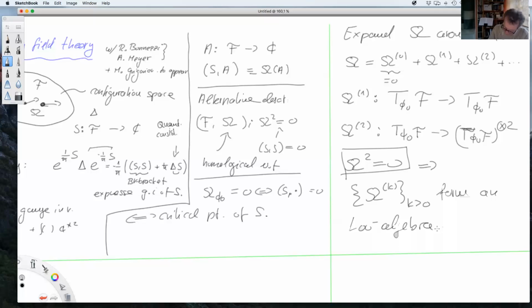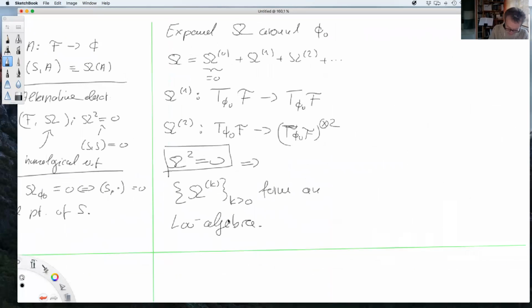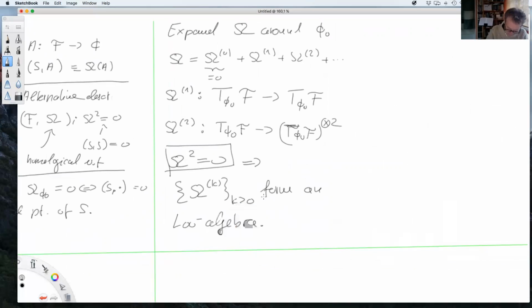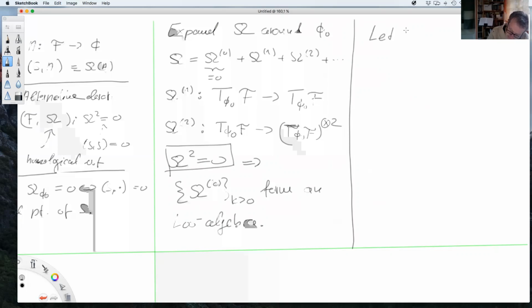Now, we can go a little bit further and do one more thing. This is again not so relevant for my talk, but in connection with string theory it is useful to know that since it's a homological vector field, we can look at the cohomology of the linear piece. Let this be the cohomology of omega 1, the linear piece.